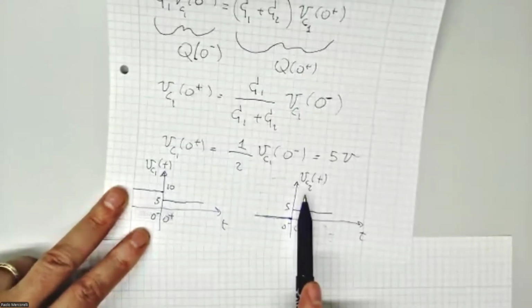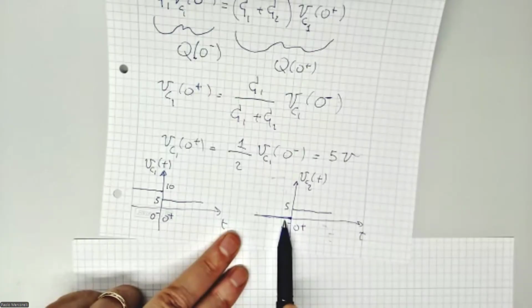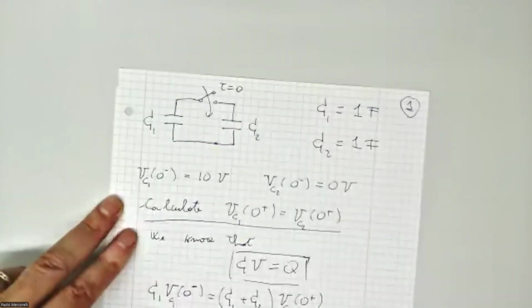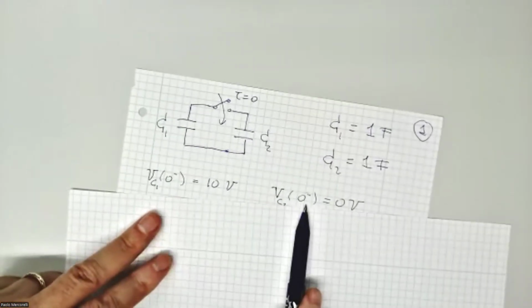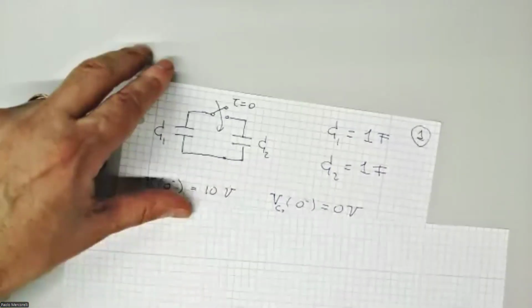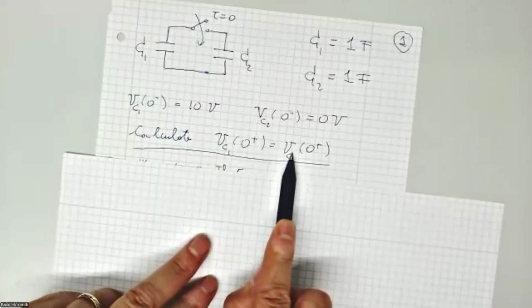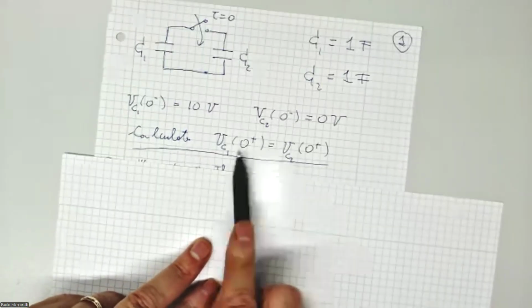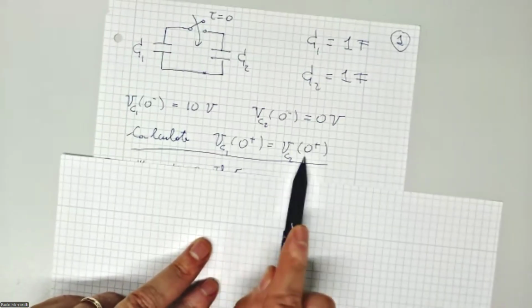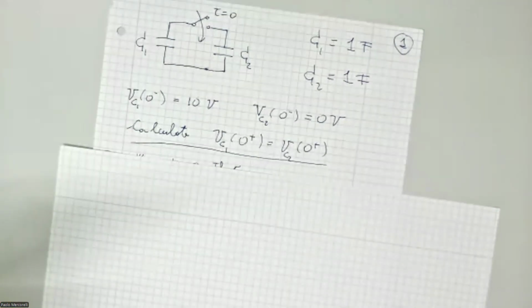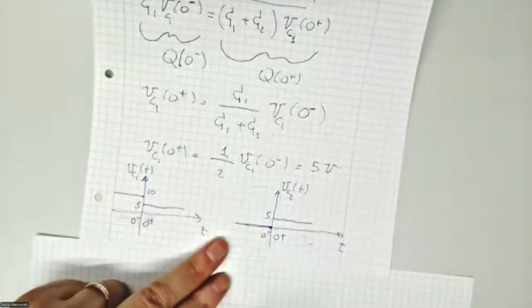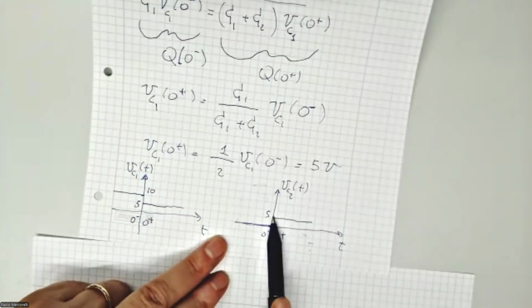Now, what happens to VC2? At the beginning, we had 0. You remember? At the beginning, let me say 0 minus. What we have at 0 plus, because of this condition, is the parallel. We jump to 5.